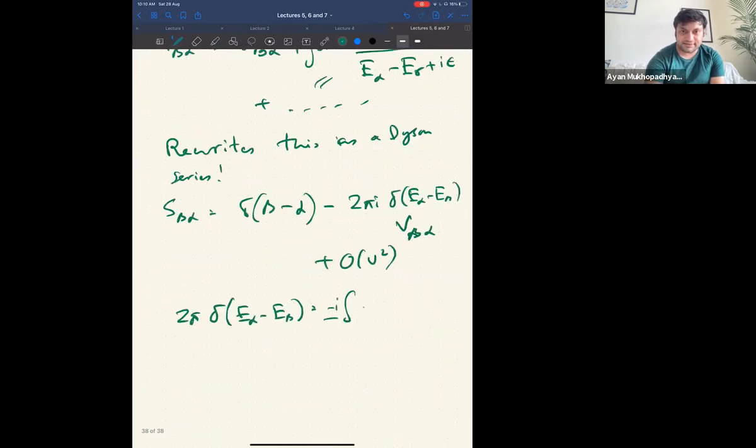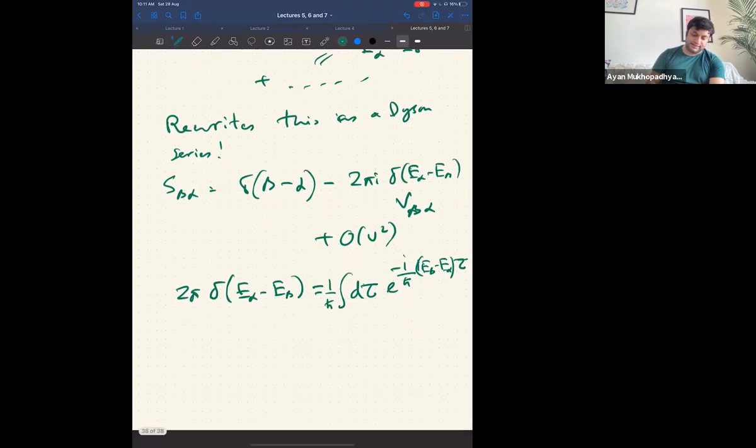So anyway, this object is equal to the integral d tau e to the power minus I by h bar E beta minus E alpha tau. Right, this is something I can use. Maybe I'm missing a factor of 1 over h bar somewhere. Yeah, I think there should be a 1 over h bar here. Okay, so that is what it is.